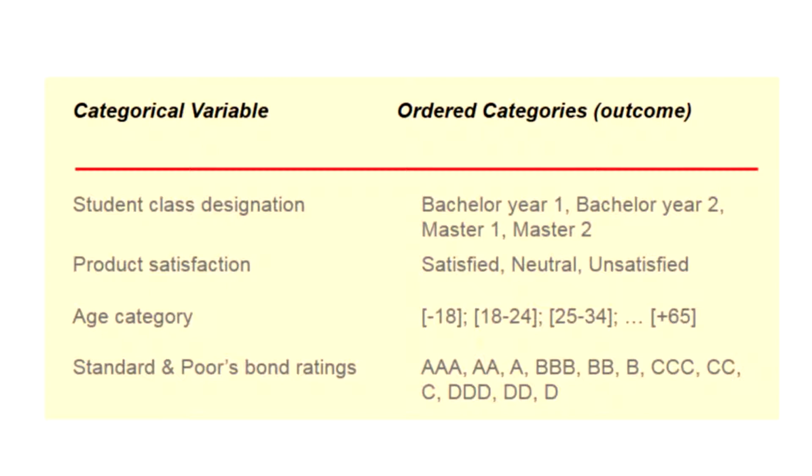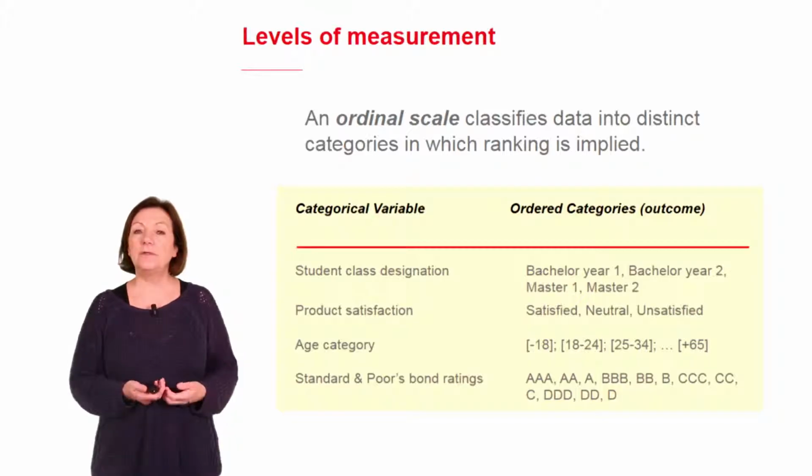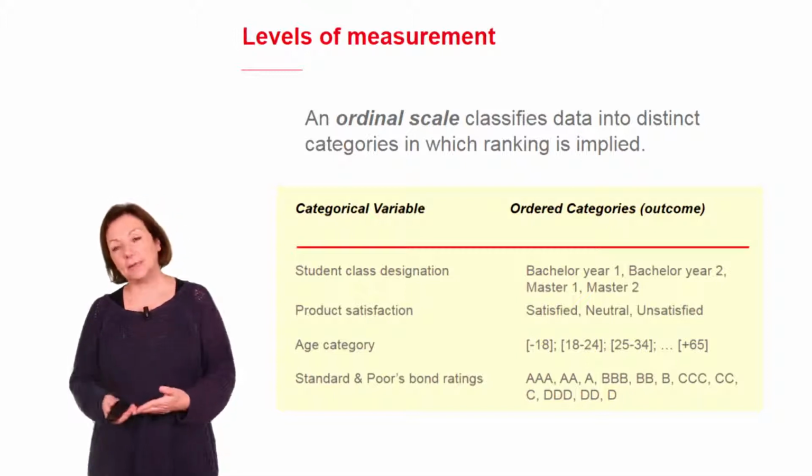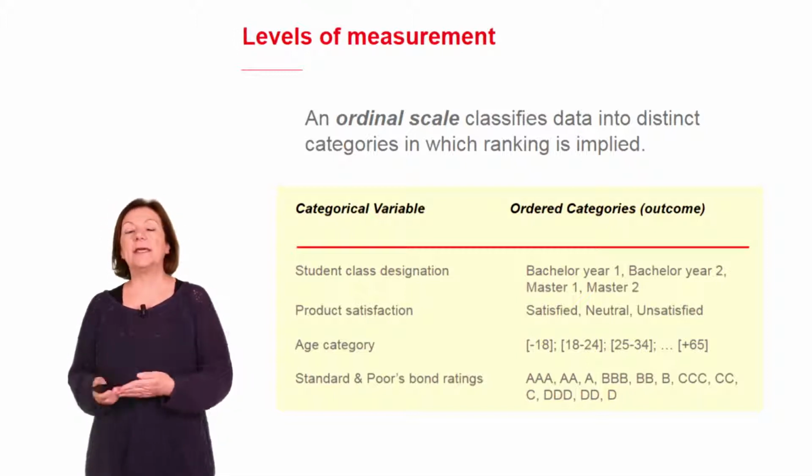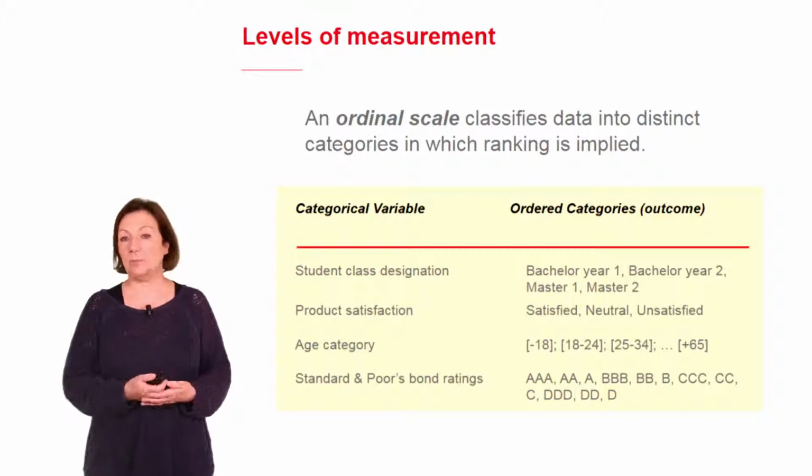In this sense, there is a specific order implied, in that Bachelor Year 1 comes before Bachelor Year 2, and so on. Age category is also a good example. We are dealing with categories, but there is a specific order that is implied.